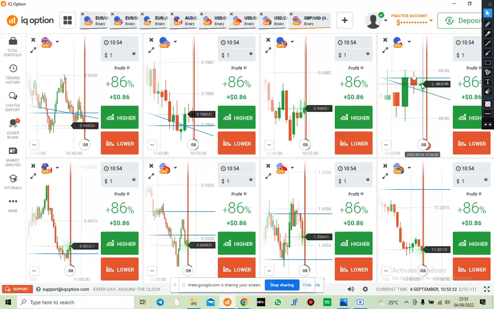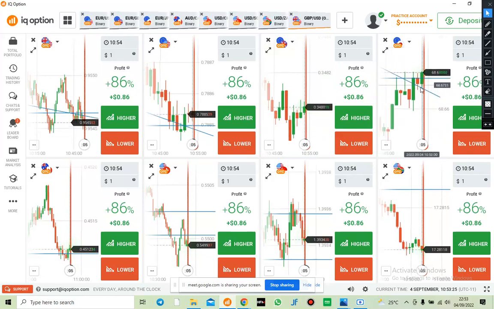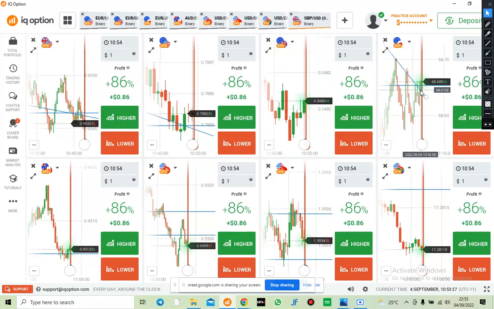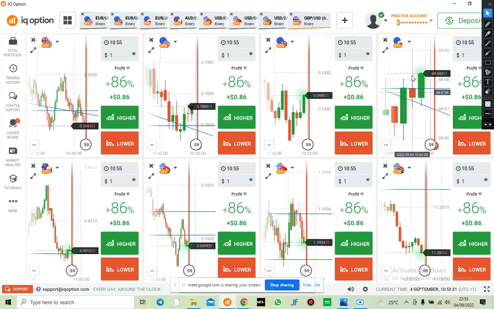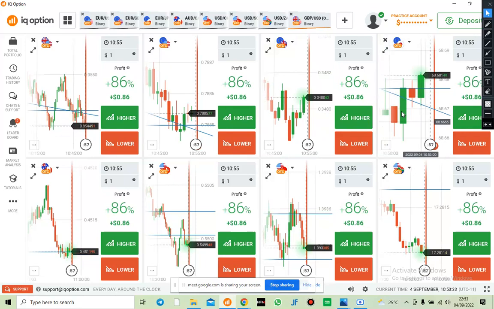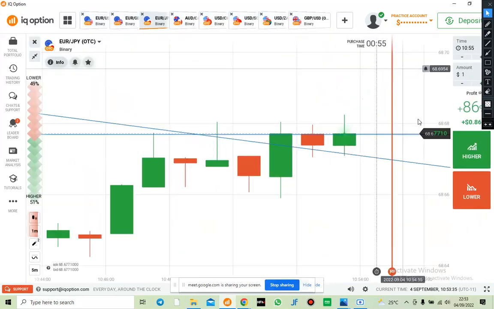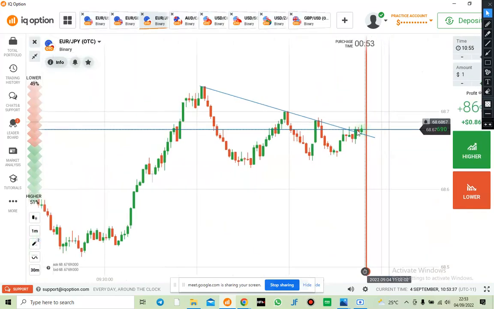Let's see what will happen to this. A green candle breakout, and that is a key level actually.